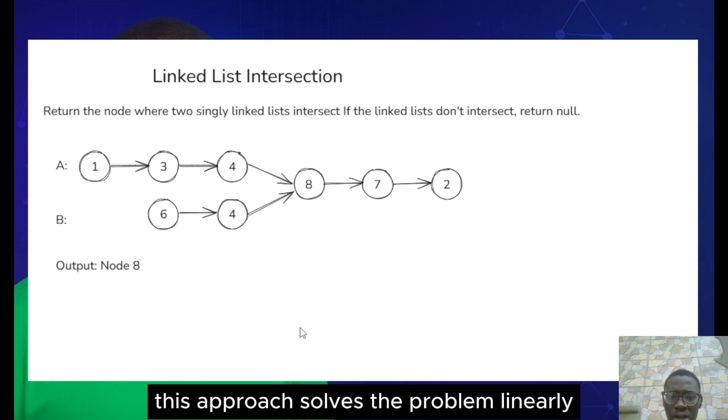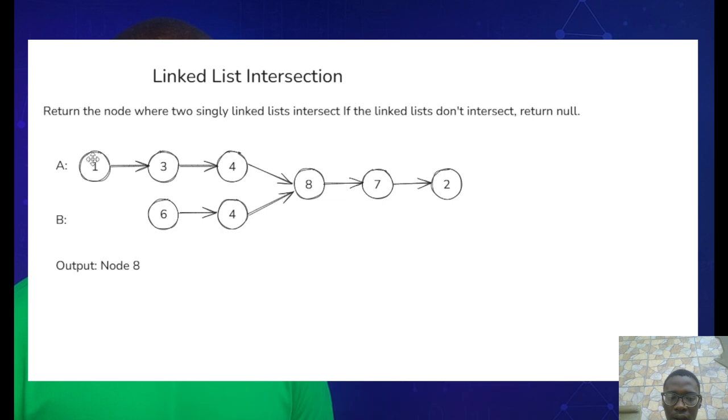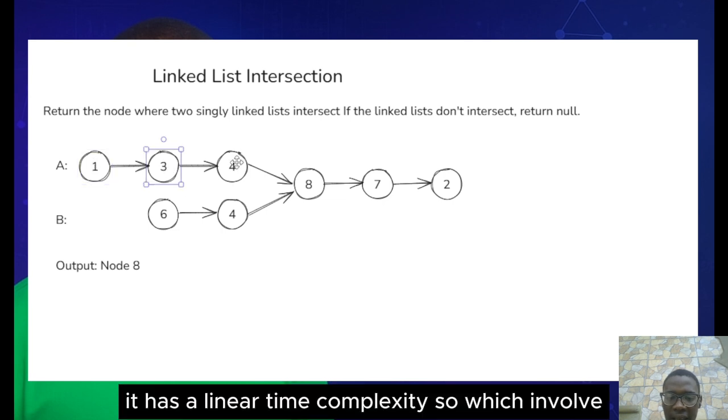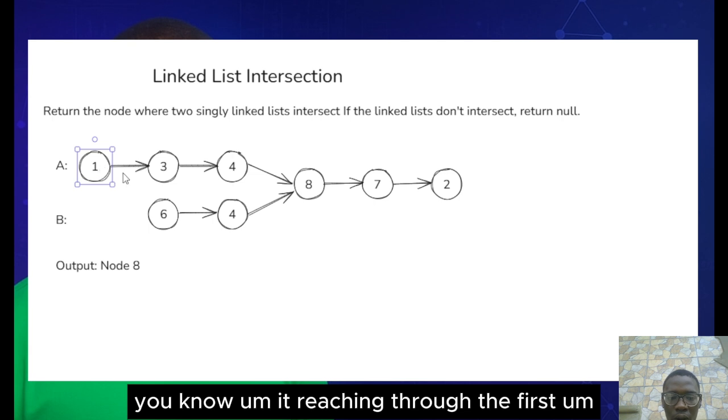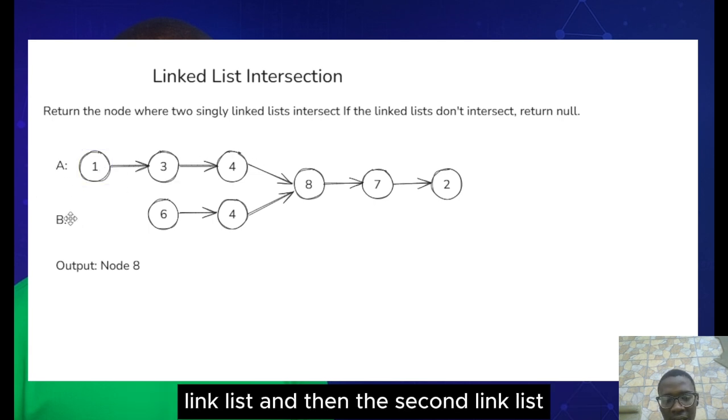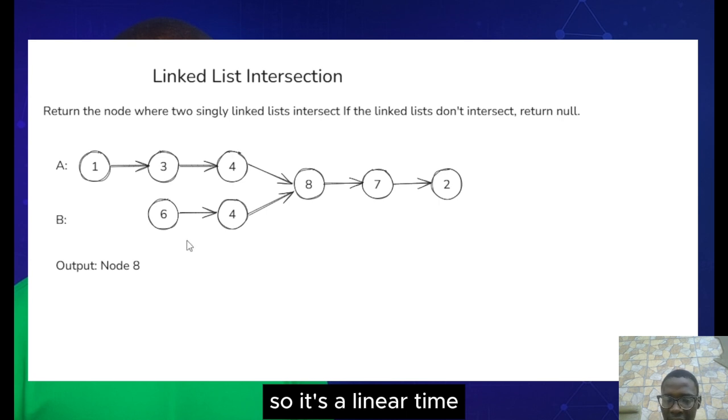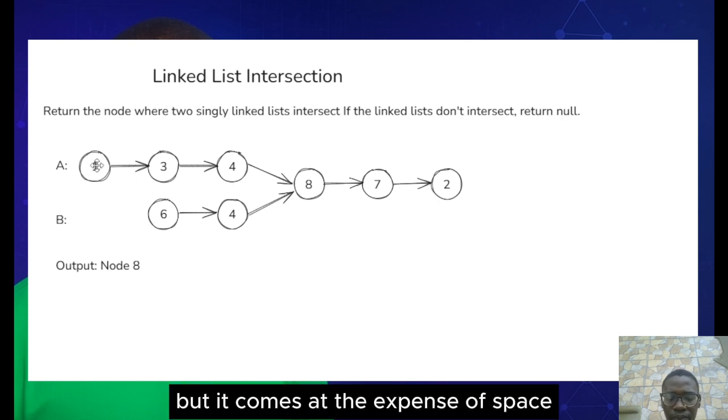This approach solves the problem with linear time complexity, which involves iterating through the first linked list and then the second linked list. But it comes at the expense of space.